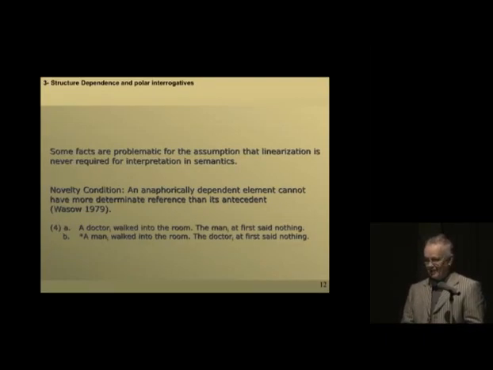Now, without going into much detail, some facts are problematic for the assumption that linearization is never required for interpretation in semantics. Just to give one old example brought up by Wasow in 1979 for his novelty condition, the condition goes, an anaphorically dependent element cannot have more determinate reference than its antecedent, and he looks at sentences where linear order is important.